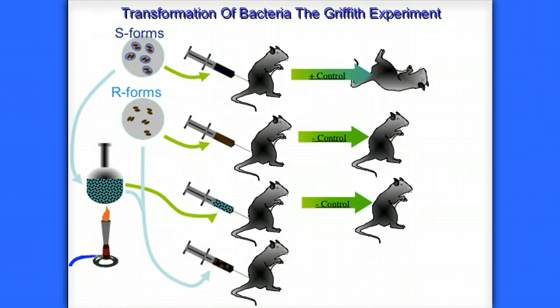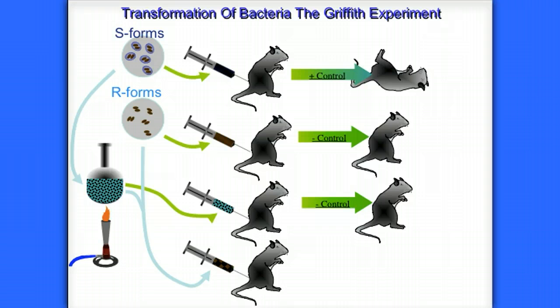Now, in another experiment, the same killed S forms and the R forms were taken together and injected into animals. Obviously, we expect nothing to happen because the killed S forms are non-virulent and the R forms are non-virulent.